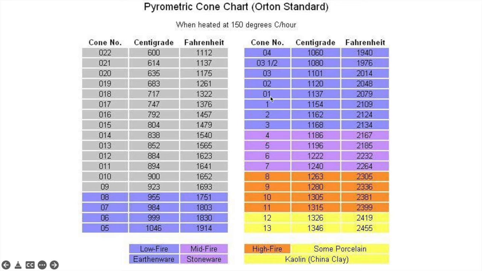Time is measured, it counts down and then counts back up in terms of how we count it. And so these numbers refer to a specific temperature, so it's a lot easier to say cone 4 than it is to say 2,167 degrees. So that's why we have that system.